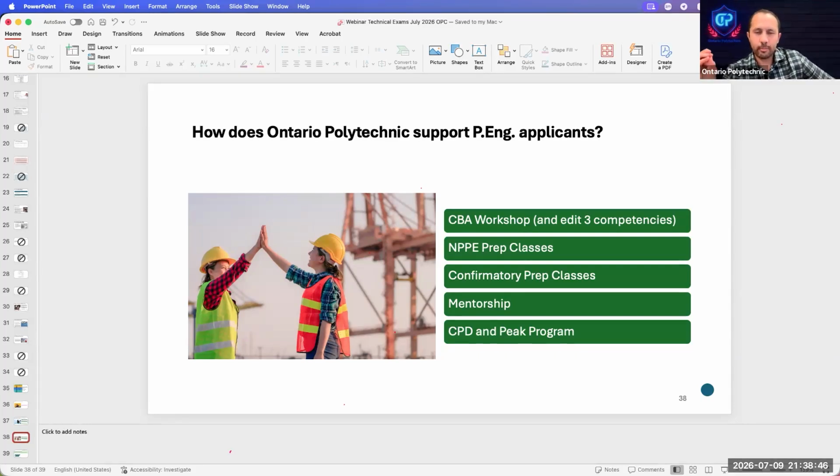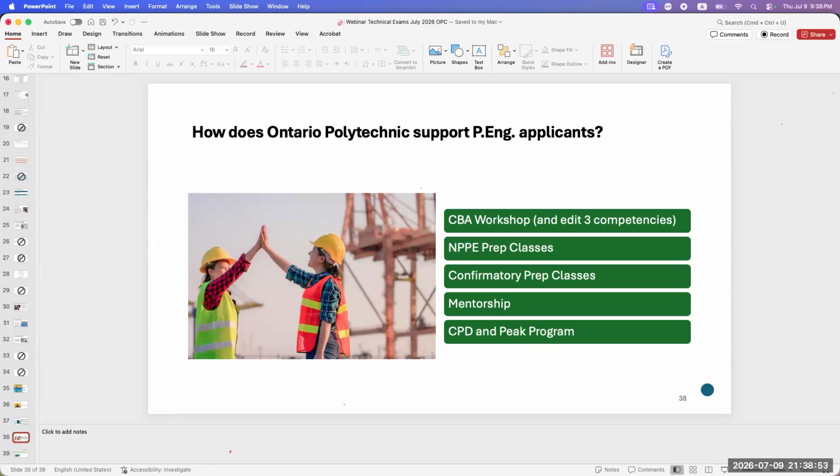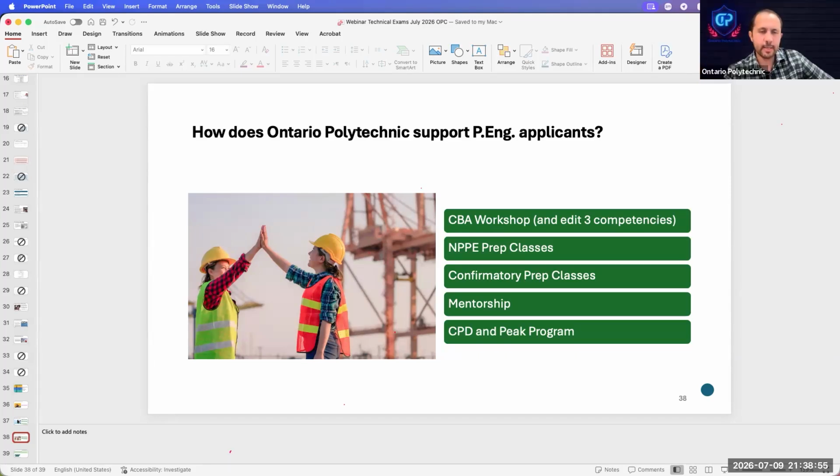I didn't get it. So you already started with EGBC or not? Not yet. I haven't started anything. So the easiest path for you is to apply through PEO, the Association of Engineers in Ontario. And for that, you don't need to provide any Canadian experience or Canadian validator.